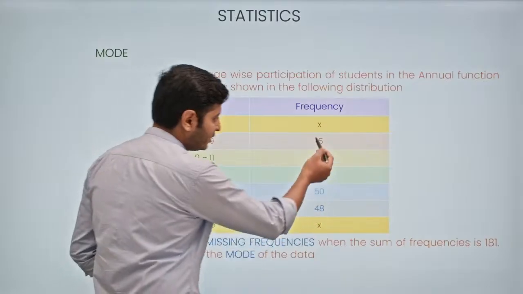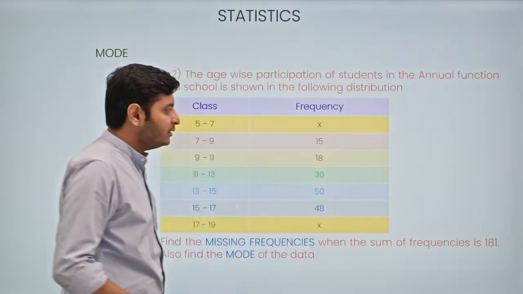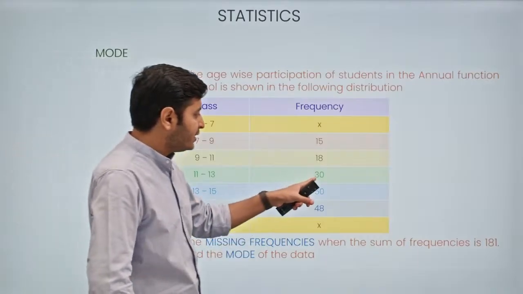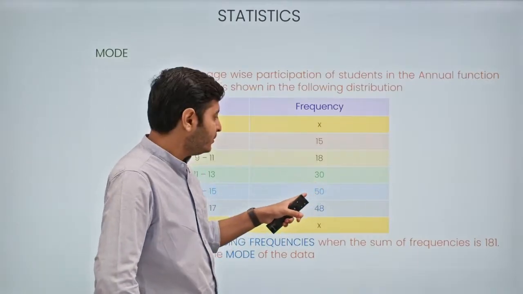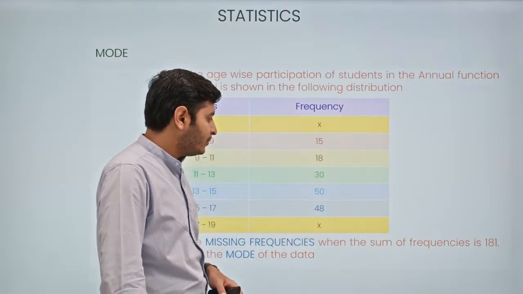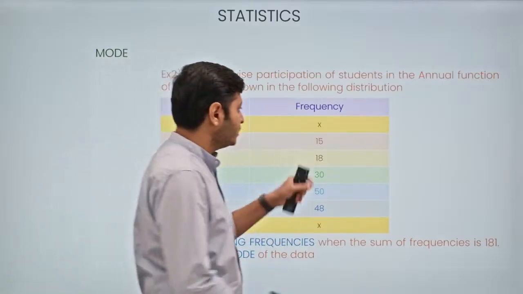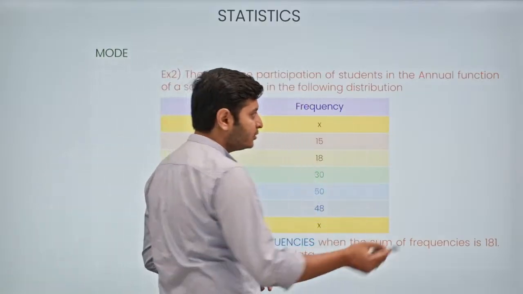So let's find the sum of all the known values. 15 plus 18 is 33, plus 30 is 63, plus 50 is 113, plus 48 is 161, correct? And X plus X means 2X.